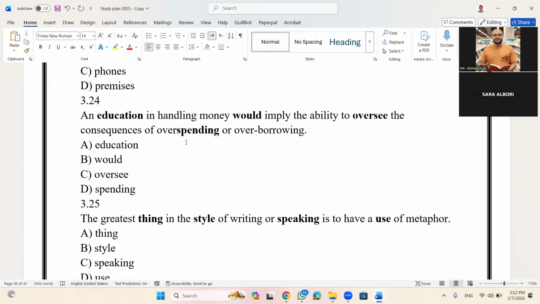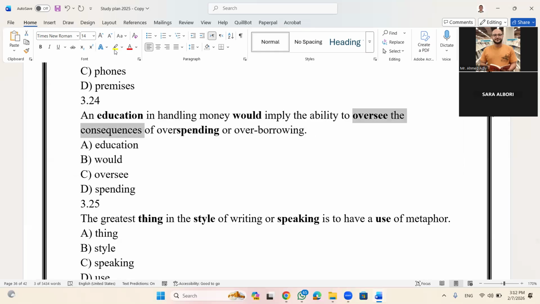Would imply. You know, Sarah, the problem is that we're not fixing grammar. The wrong word here looks similar to the word that we're looking for. Look at the word oversee. Oversee consequences.